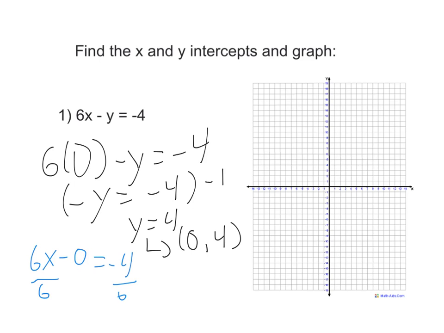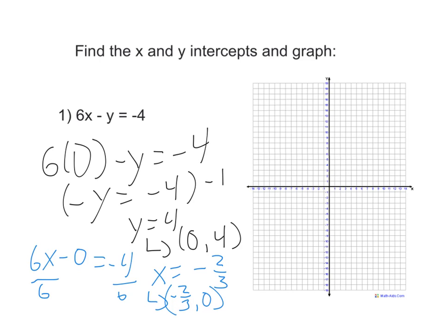Divide by 6. So now x equals -2/3. So that means our x-intercept is at (-2/3, 0).